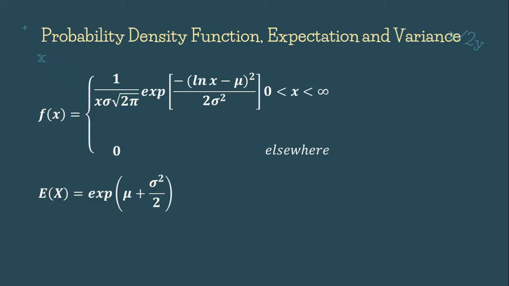And variance is equal to exponential of 2 mu plus sigma squared multiplied by the exponential of sigma squared minus 1. Sa next slides, magsa-start na tayong mag-solve ng sample problems related sa Lognormal distribution.